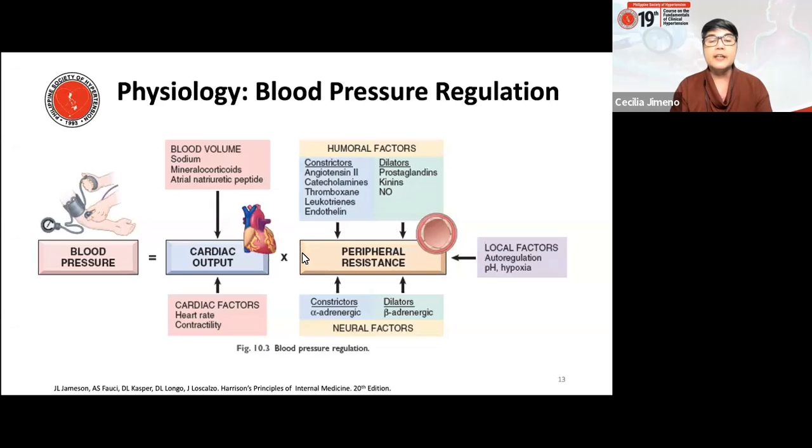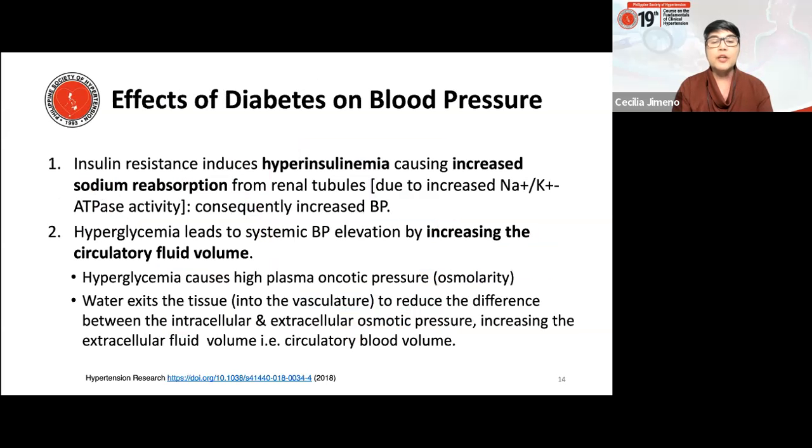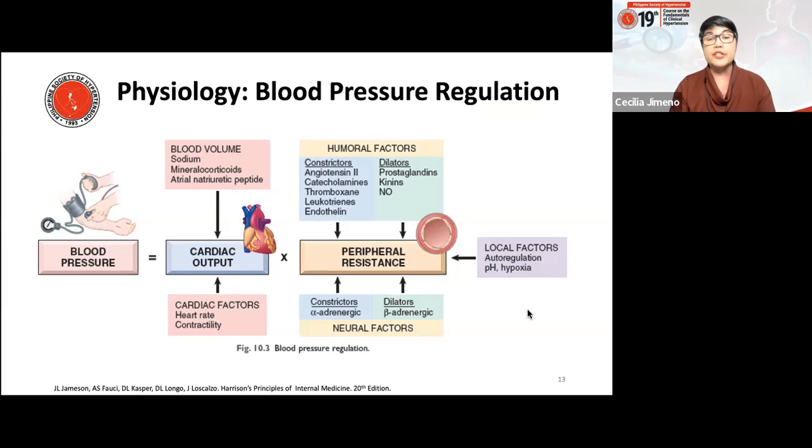On the other hand, our peripheral resistance is again brought about by humoral factors. We have several vasoconstrictors, foremost of which is angiotensin 2 and the catecholamines, and certain vasodilators. Likewise, there are neural factors, the alpha adrenergics, which are constrictors, and the beta adrenergics, which are the dilators, and various local factors such as autoregulation and hypoxia.